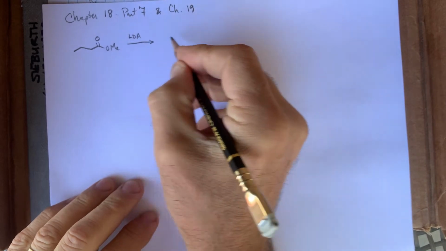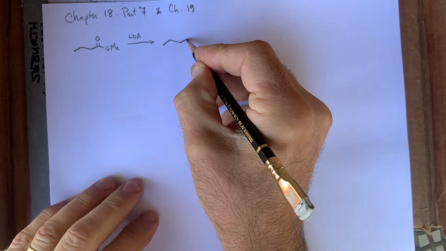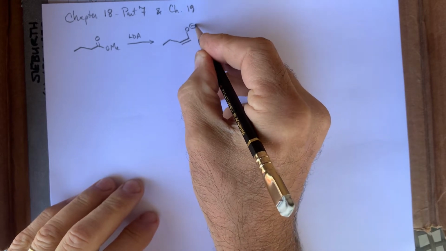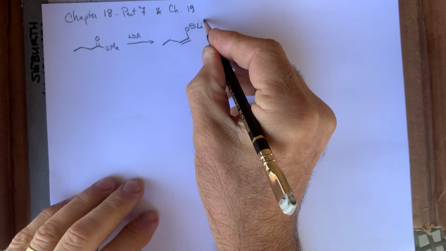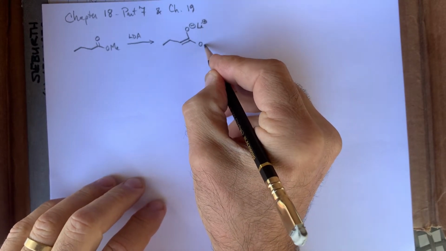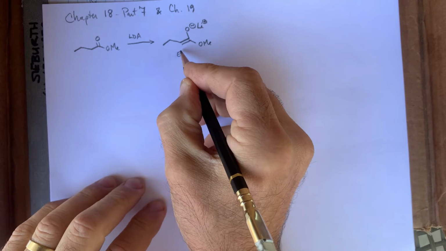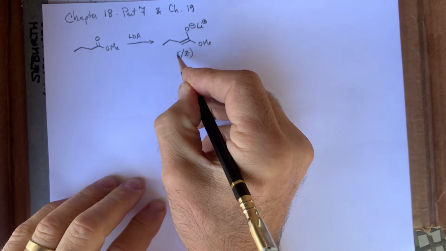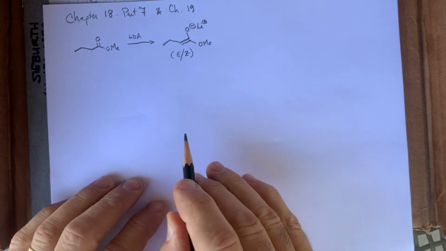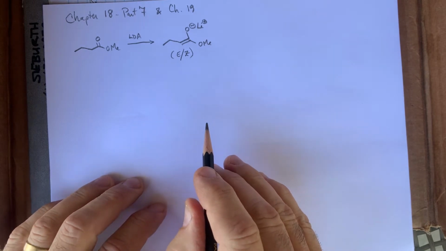LDA deprotonates, so you can draw it as the salt, or you can just draw lithium. And there are certainly lots known about making E or Z enolates.